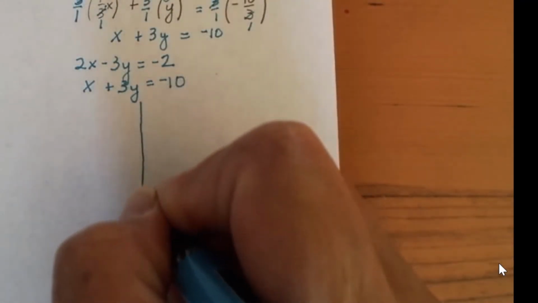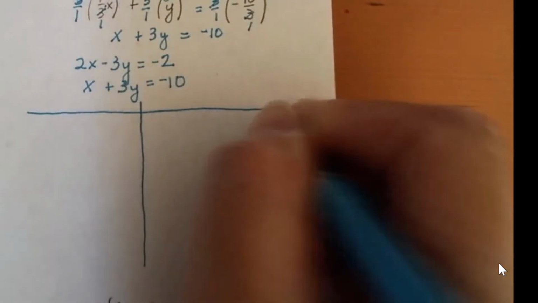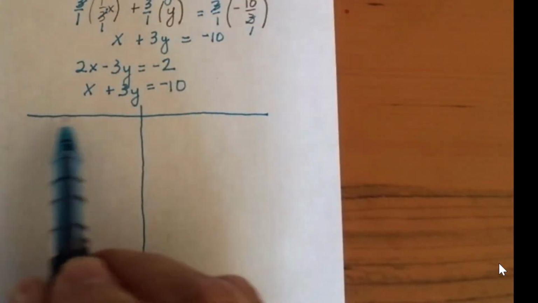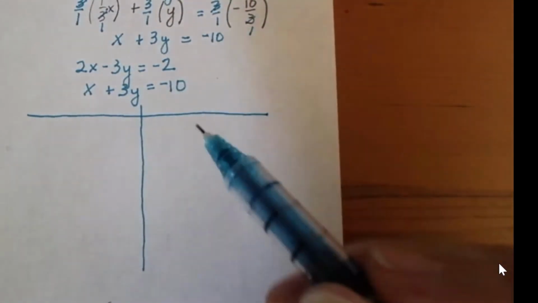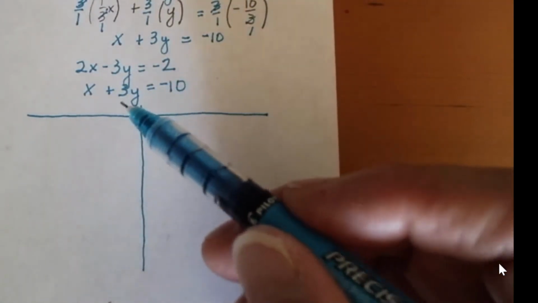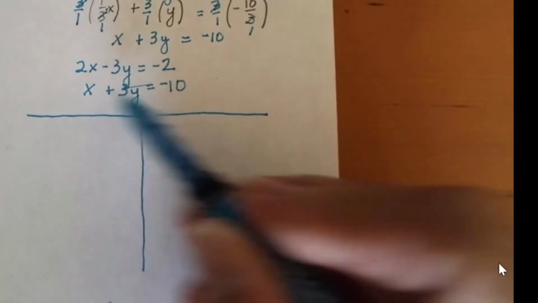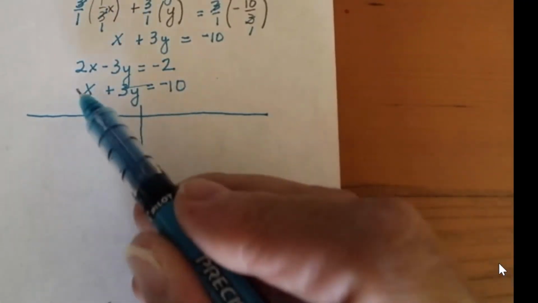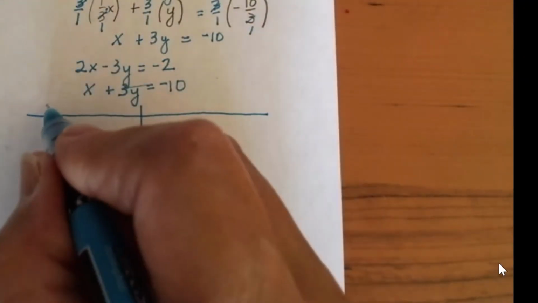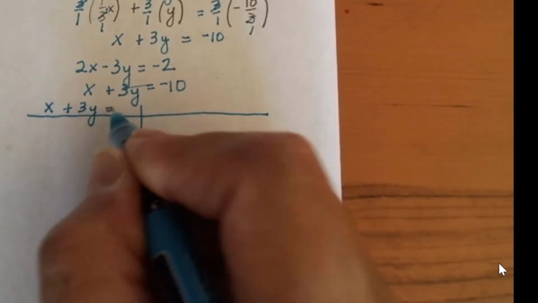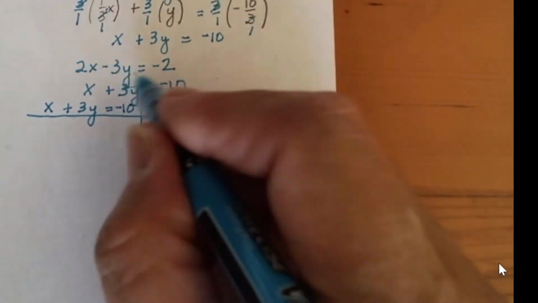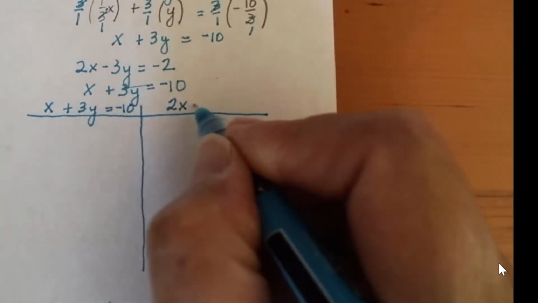If you recall, we've been using this little organizer, and we always put on the left side the equation that's easiest to solve for one of the variables. I think you'll agree it's the second one, where we can easily solve for x. So I'm going to write that second equation on the left side of my organizer, and the remaining equation on the right.